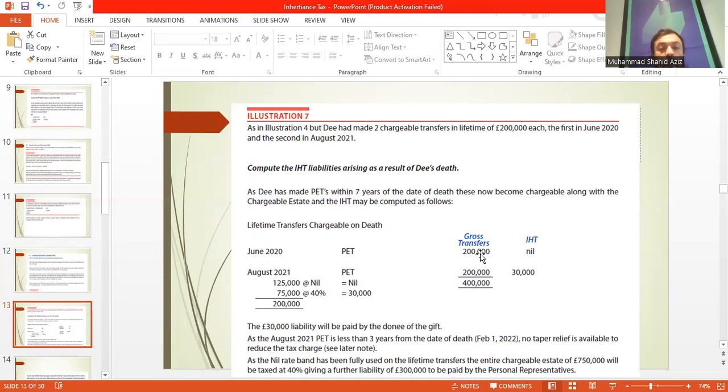So first, the 200,000 pound gift she had made is exempt, because it is less than 325,000 pound. So it means we have utilized this much of the allowance. 325,000 minus 200,000 means the nil rate band left is 125,000.